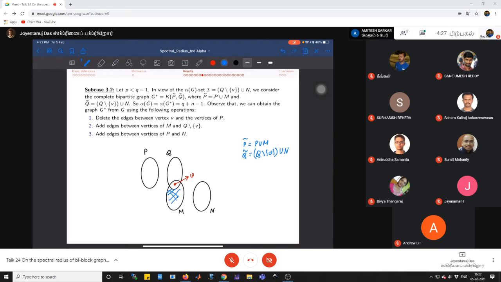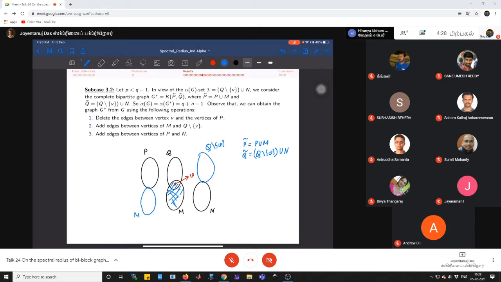This N is not here. I am bringing M along with this cut vertex, and U is here, U minus V.